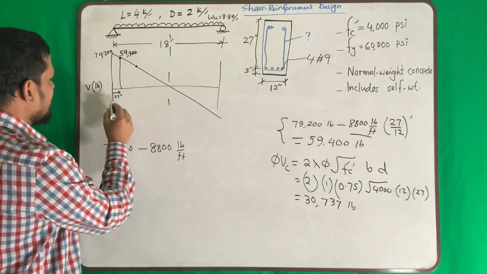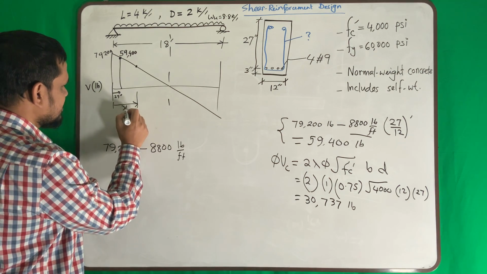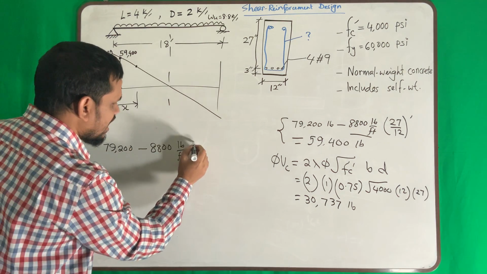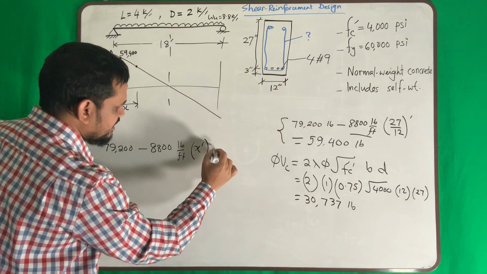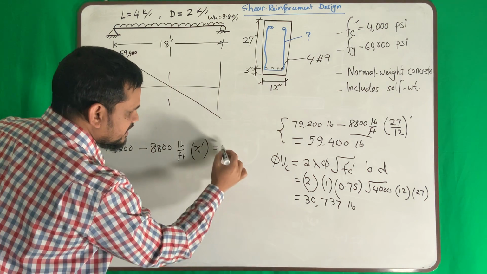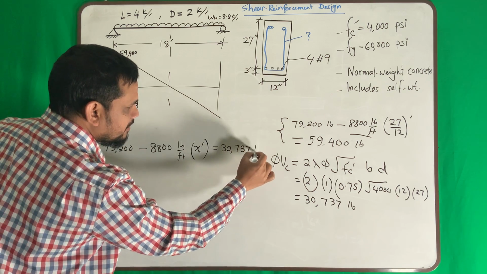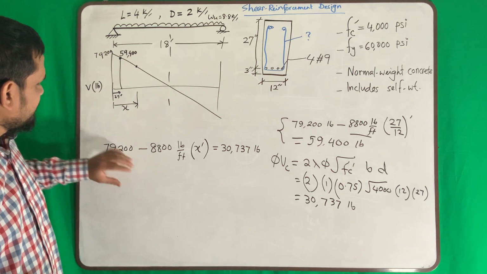Now we do not know the distance, so say we are assuming this distance is x. After traveling x feet, my value is 30,737 pound. Hopefully you understood this equation.